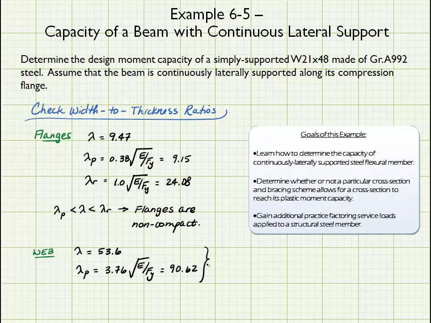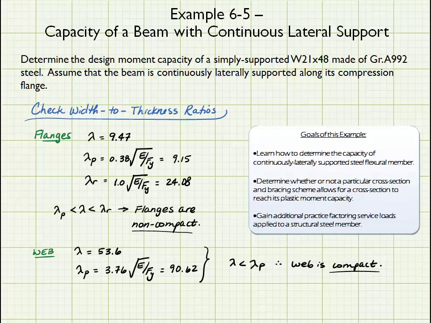So comparing these two values, I see that lambda is less than lambda sub p, therefore the web is compact. If I were going to classify the shape as a whole, I would choose the most stringent requirement. I would say that this shape is non-compact because when I compare the flanges, which are non-compact, to the web, which is compact, non-compact is a more stringent restriction on the section.